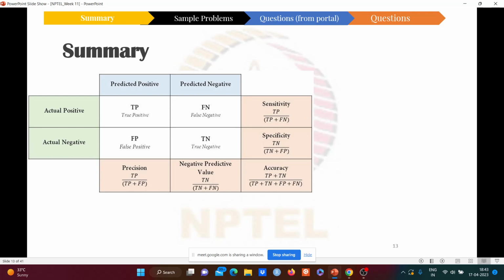There are some other metrics such as precision. Precision measures the proportion of true positives among all the predicted positive instances. It is used when the goal is to minimize false positives. Precision is calculated by the number of true positives divided by the sum of true positives plus false positives.